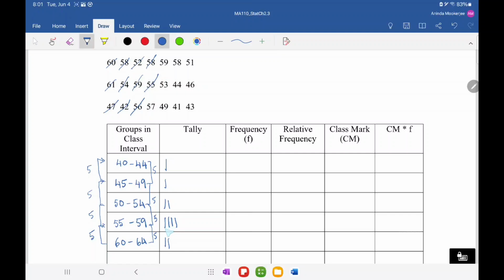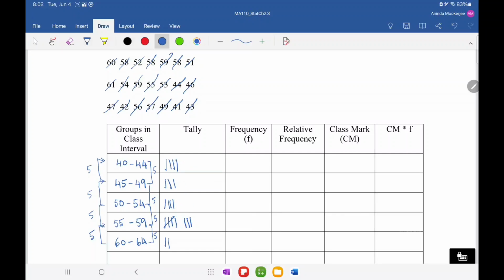58, 55, 57, 59, 53, 49, 58, 44, 41, 51, 46 and 43 goes here.